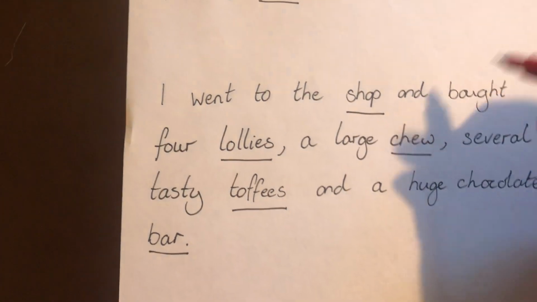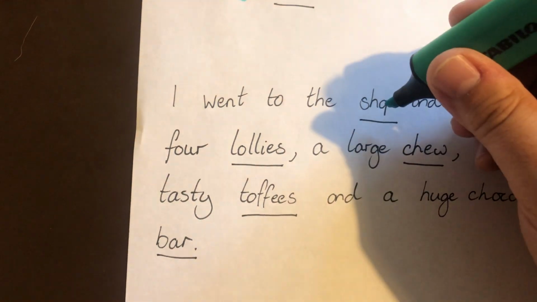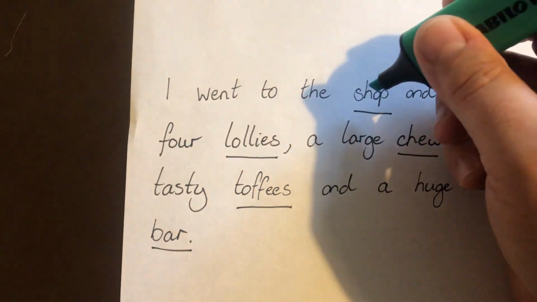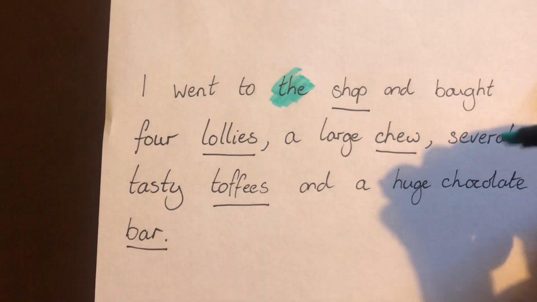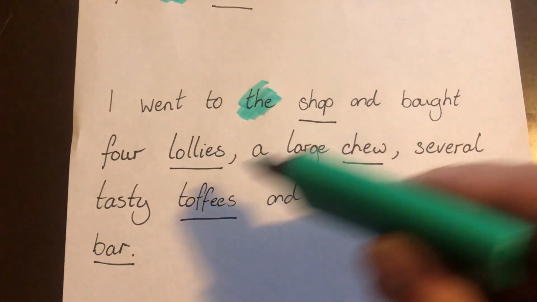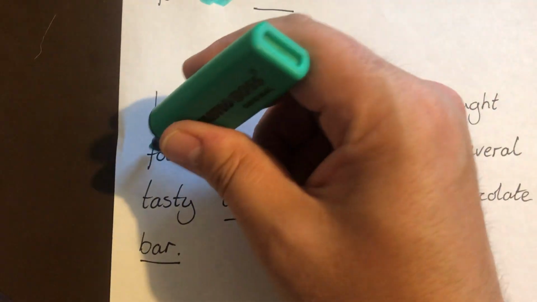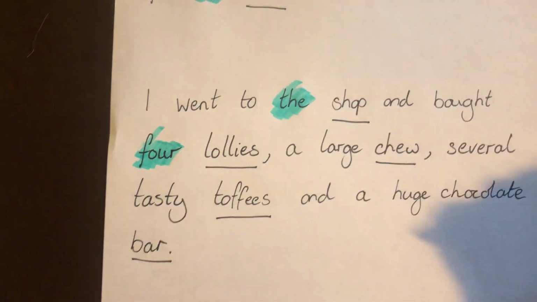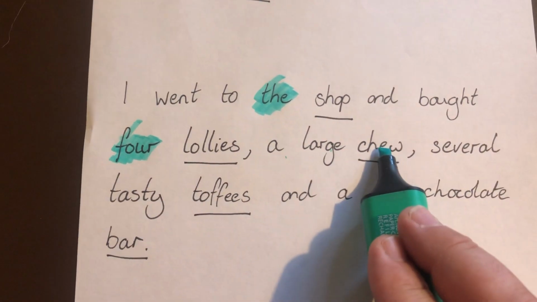So there's going to be a determiner for each of these nouns in this sentence. So for shop, the word right in front of it is the. So I know, and we've said this before already, that is a determiner. And for 4 lollies, in front of lollies is the word 4. That is my determiner.